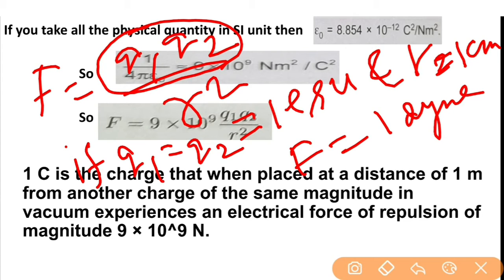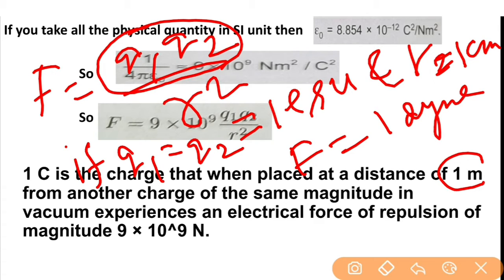So 1 ESU is the charge that, when placed at a distance of 1 centimeter from another charge of the same magnitude in vacuum, experiences an electrical force of repulsion of magnitude 1 dyne.